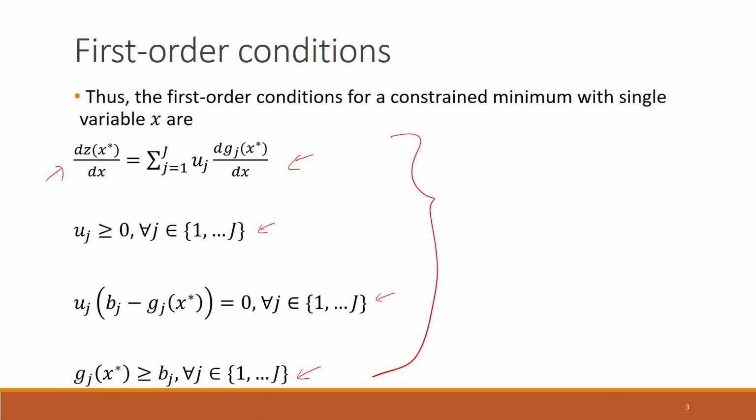This is just saying uj is non-negative. This will ensure that if a constraint is non-binding, that is, for a particular constraint j, bj minus gj(x star) is not equal to 0, then uj will be forced to 0. And this is the constraint which we usually have, just saying that x star should be a feasible point. It should satisfy all the constraints that are there.